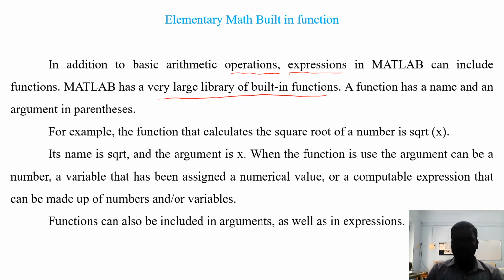A function has a name and an argument in parentheses. For example, we want to use the math built-in function for the square root of x. Here, the name of the function is sqrt, the argument is x.